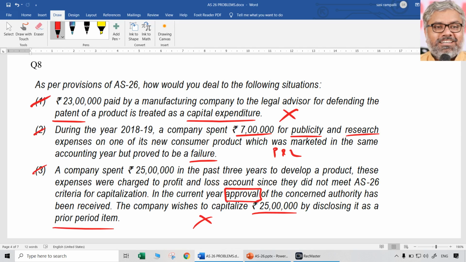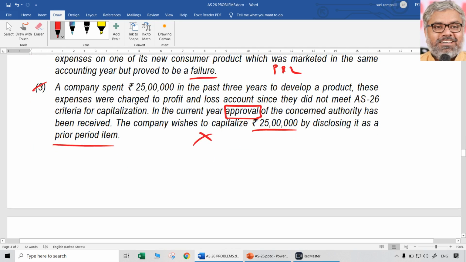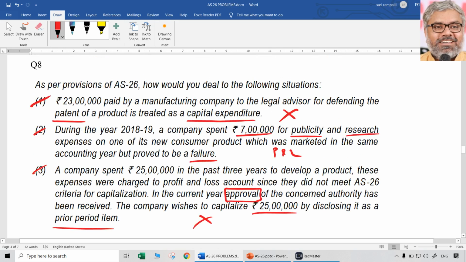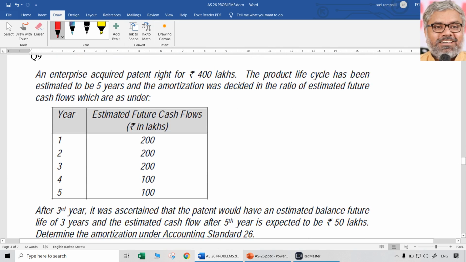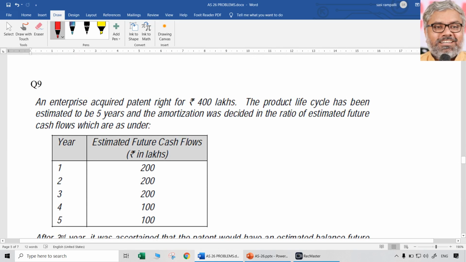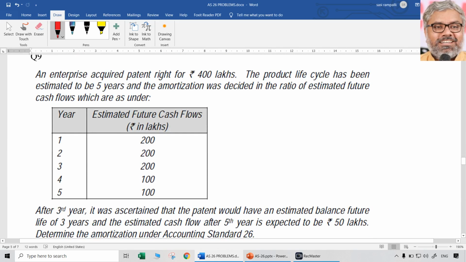So they charged it to P&L, which was absolutely right. Now how can they say that it is a prior period item? It is not. Why? Because there is no error, no omission earlier. So whatever they did already, that will just stay good. Now you cannot reverse that. Now they cannot capitalize 25 lakhs freshly because their management or somebody has approved it. That is a wrong treatment in that case also. The explanations for those questions have to be given. So these are the types of questions that can be expected in the examinations.